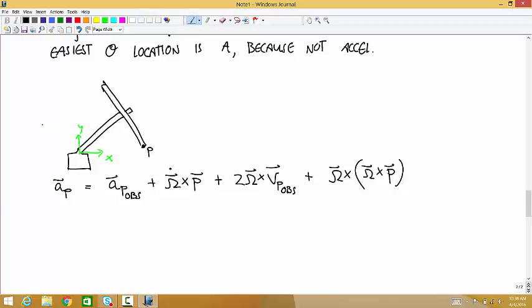And so the trick to all this is just choosing the right values of these variables that go into it. So we have to choose the position vector. We have to calculate the velocity and acceleration that are observed.